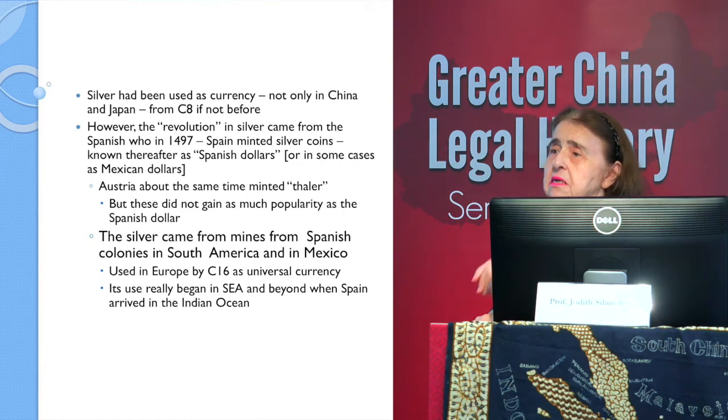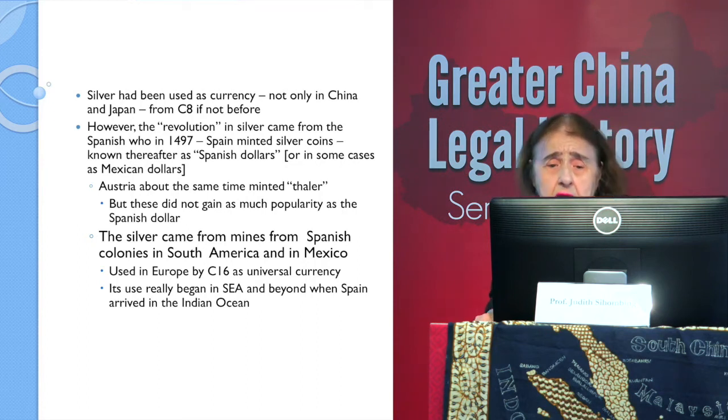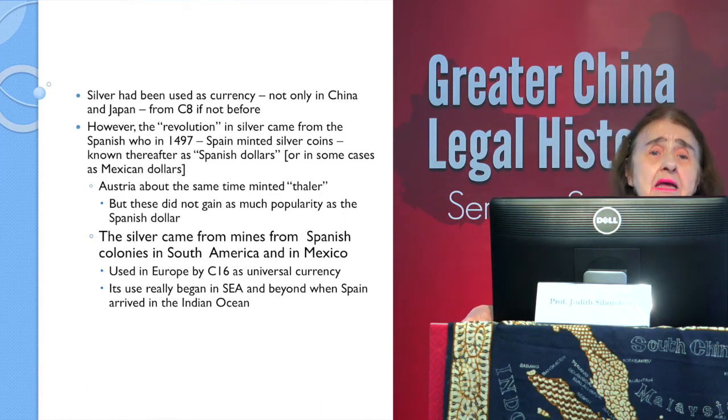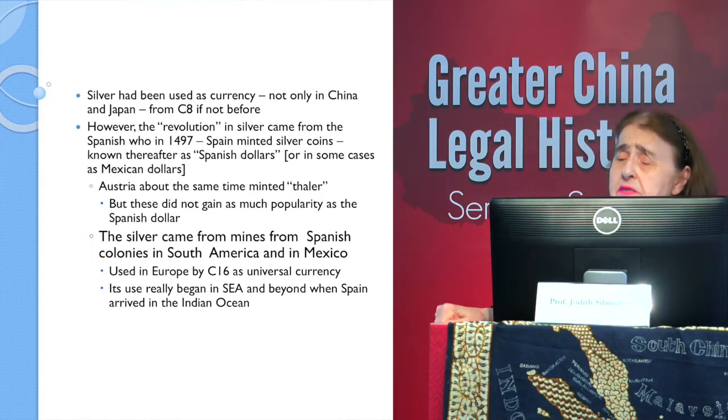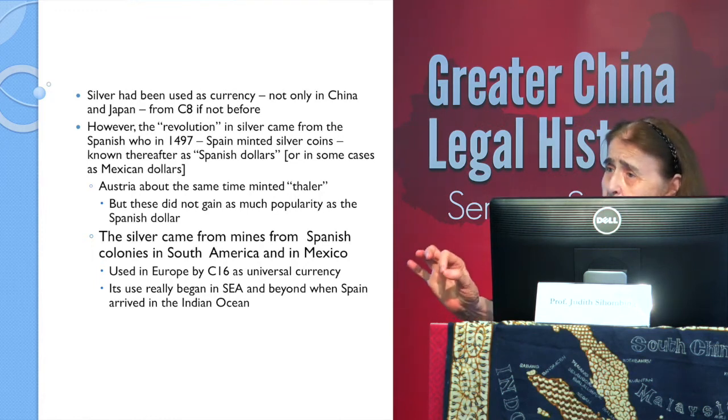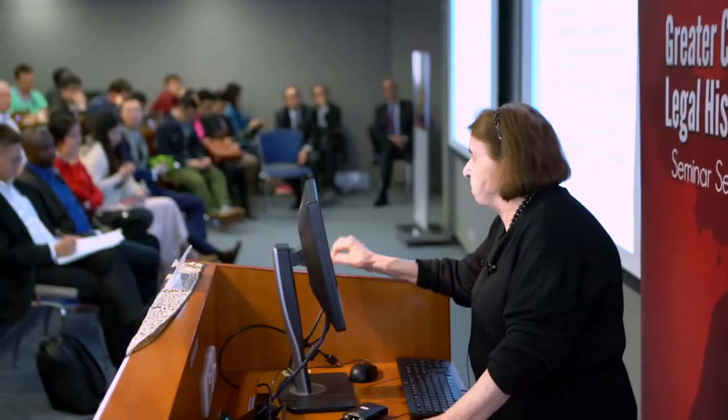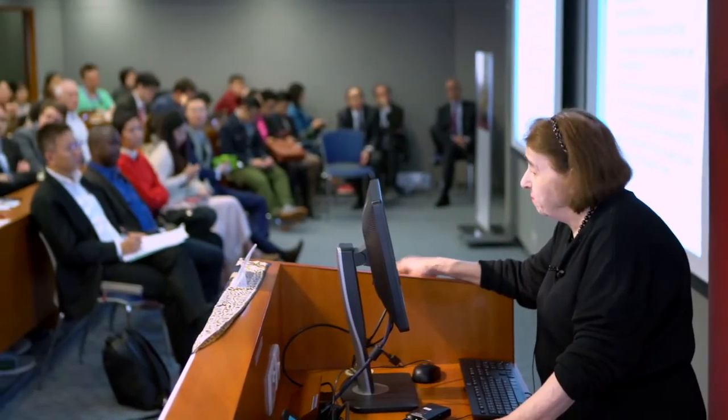So 5 years later, the Spanish came across. Remember, they had no right to be in Southeast Asia. No right at all. But they were minting silver in Mexico and Patagonia, parts of their provinces. And they were making coins called the Spanish silver dollar.